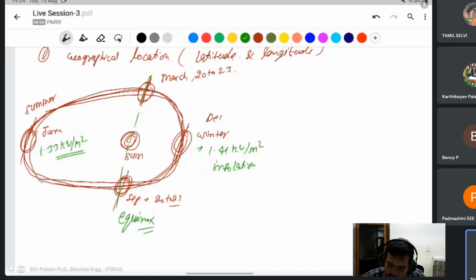Oh, sorry, heat depends on the solar panel, but this is developed by the solar only. It depends on the angle, and this will be, I think, 1.36 kilowatt per meter square, and this will be 1.38 kilowatt per meter square. This will be approximately the same. At winter time, the maximum solar energy is developed.